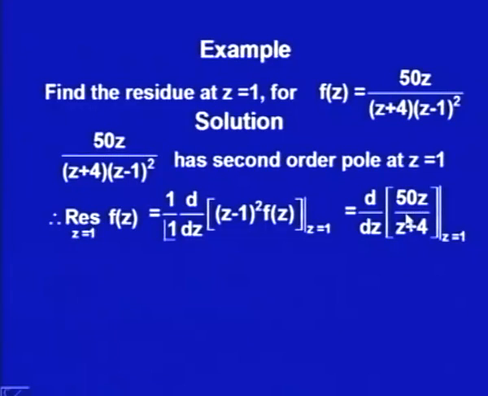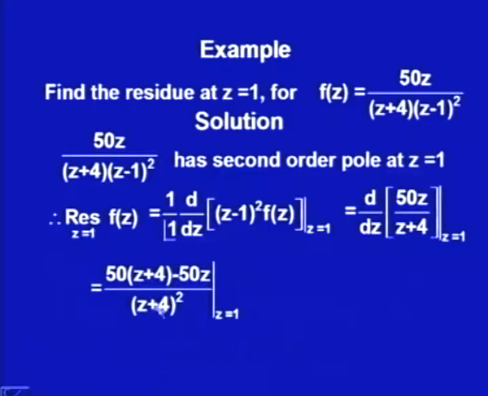Now, if I differentiate it once with respect to z, I would get 50 times (z plus 4) minus 50z upon (z plus 4) whole square, evaluated at z equal to 1.